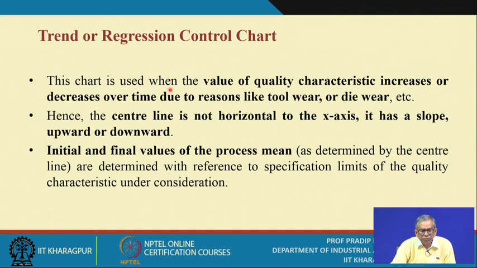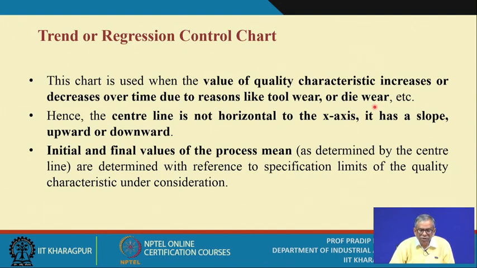This chart is used when the value of the quality characteristic increases or decreases over time due to reasons like tool wear, die wear, etc. Till now we have assumed that the central line is a horizontal line, but in case there is tool wear or die wear, if you assume that the central line is horizontal, your assumptions may not be correct.